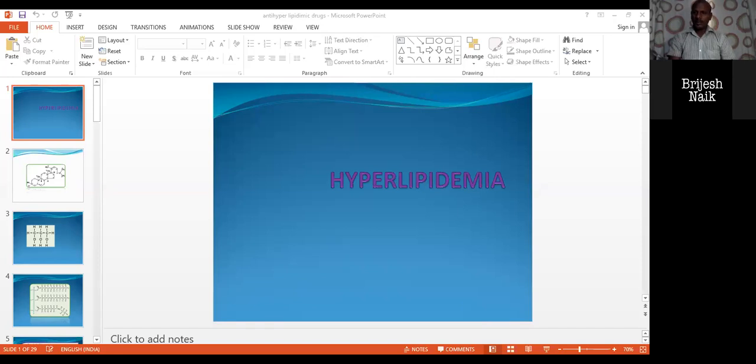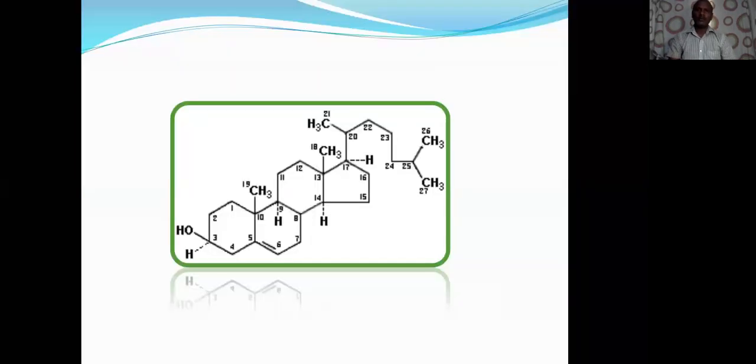Okay, so last class we have seen the hyperlipidemia and what are the causes for hyperlipidemia and some of the drugs which are given for the treatment of hyperlipidemia. And the chemical composition also we have learned, that is what are lipids and what are lipoproteins.